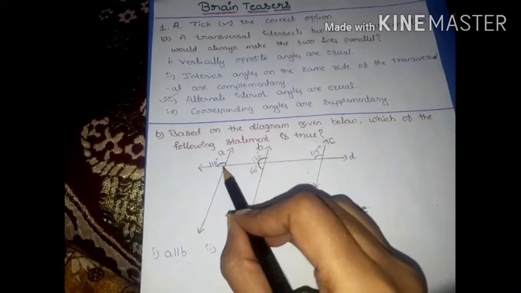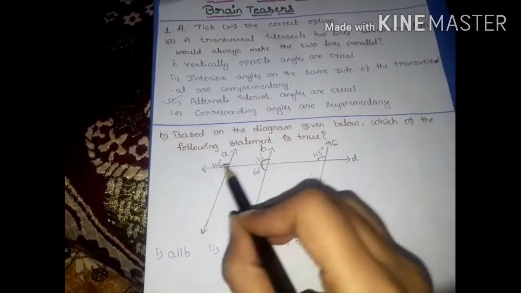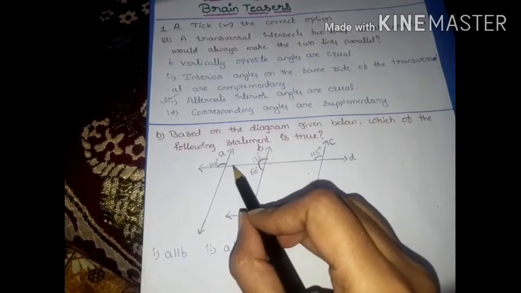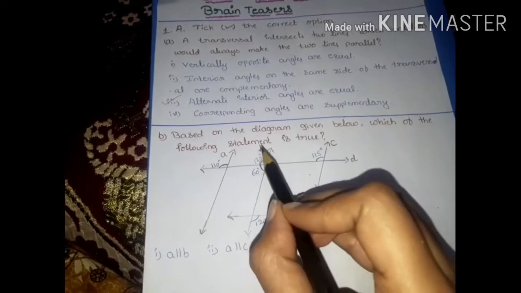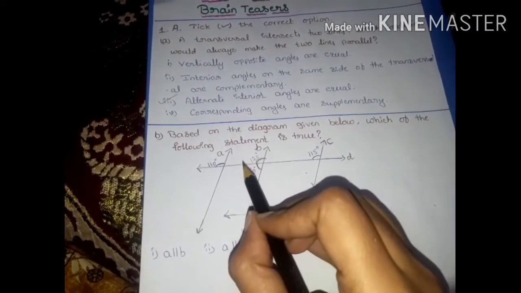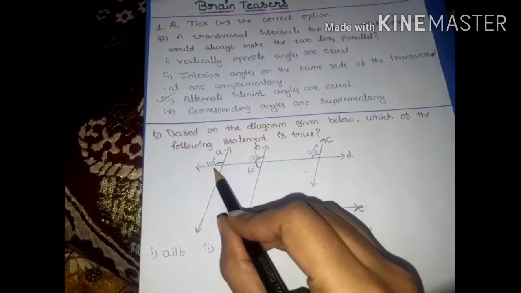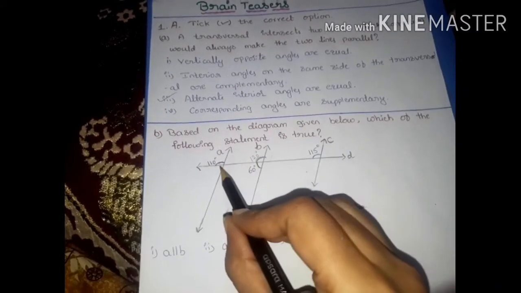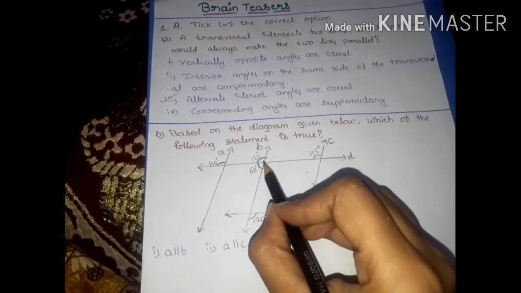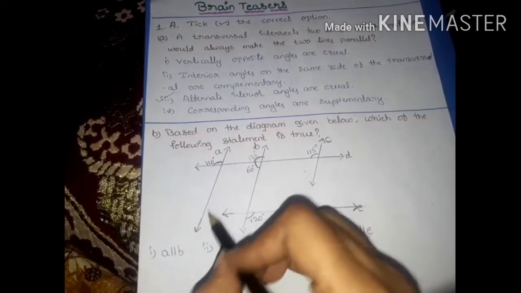One is outside, one is inside, on the same side of the transversal. Always, when two lines are parallel, corresponding angles should be the same or equal. Here this is 110 degrees, but here we got 120 degrees. These two are not equal. So A is not parallel to B. This is not a correct statement.